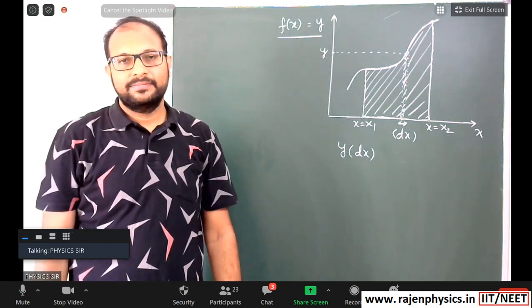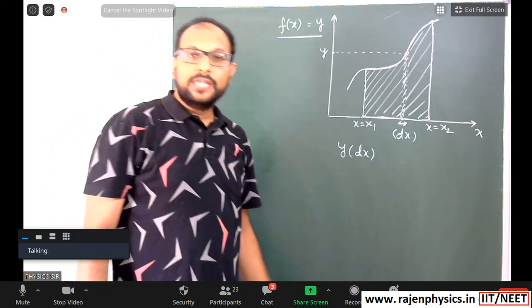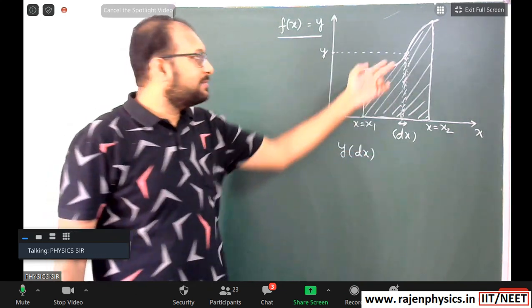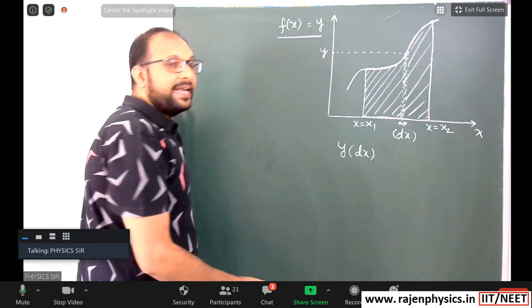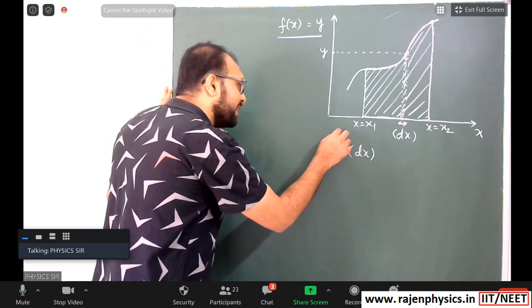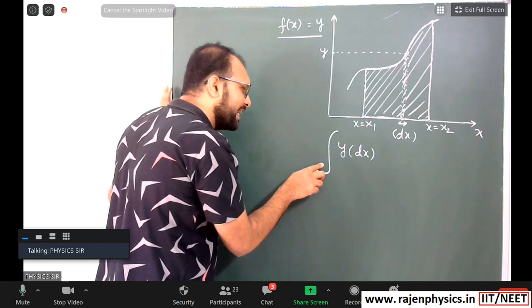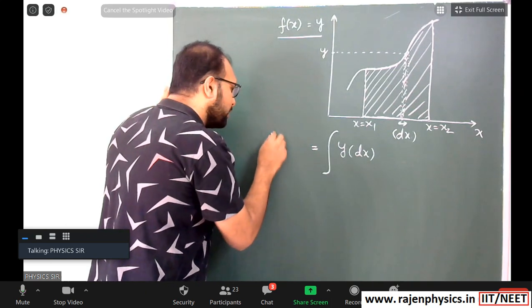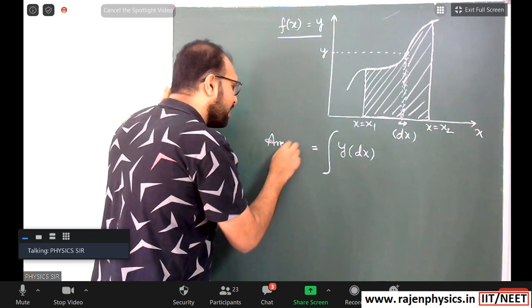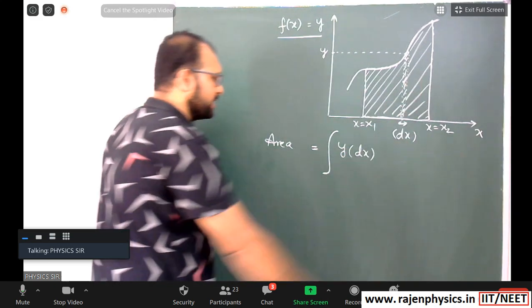It has a difficult curve. So to find the area under this curve, this complete shaded area, this is the symbol for integration. Integral y dx is nothing but the total area under the curve from this location to this location.